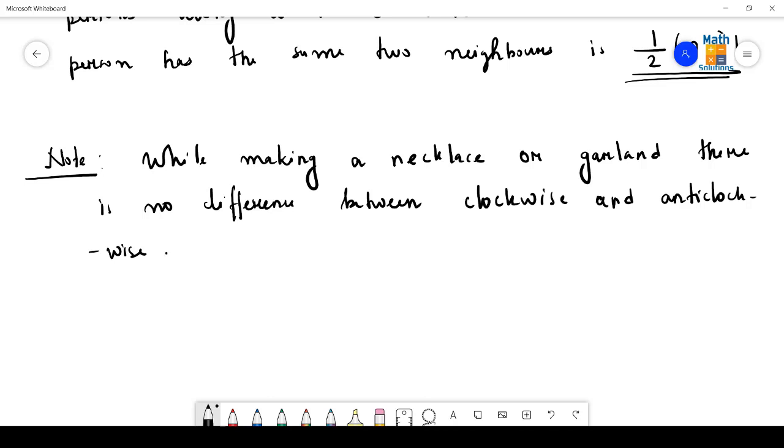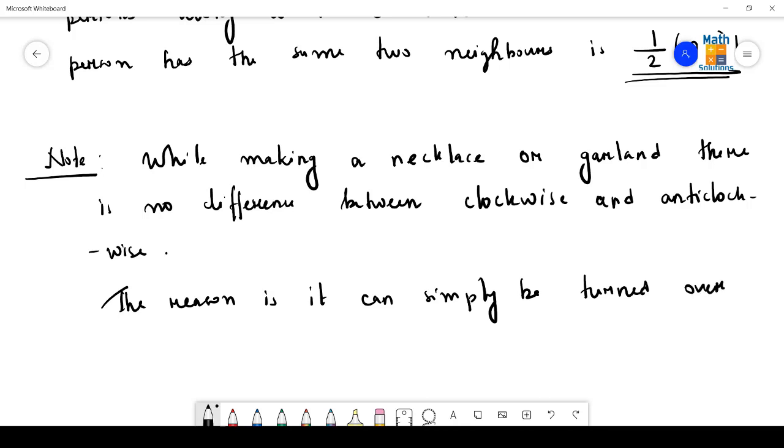You will ask me why so. The reason is it can simply be turned over. Means whatever necklace or garland we take, this can simply be turned over so that clockwise becomes anti-clockwise.